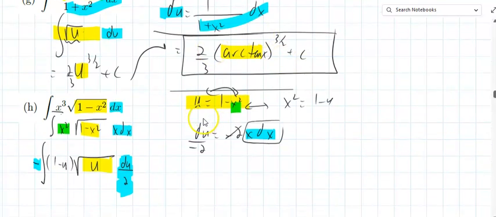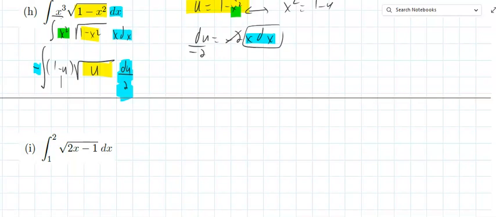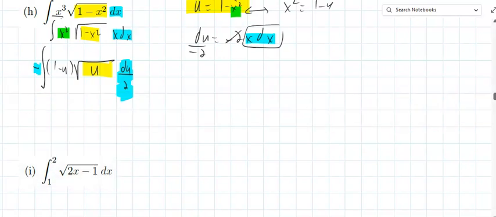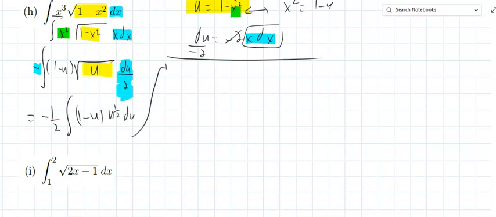So this is not as simple. This did come up on a few of the homework problems. So now I'm looking at negative 1/2 the integral of 1 minus u times u to the 1/2 du. Well, guess what? That is negative 1/2. Distribute that in.